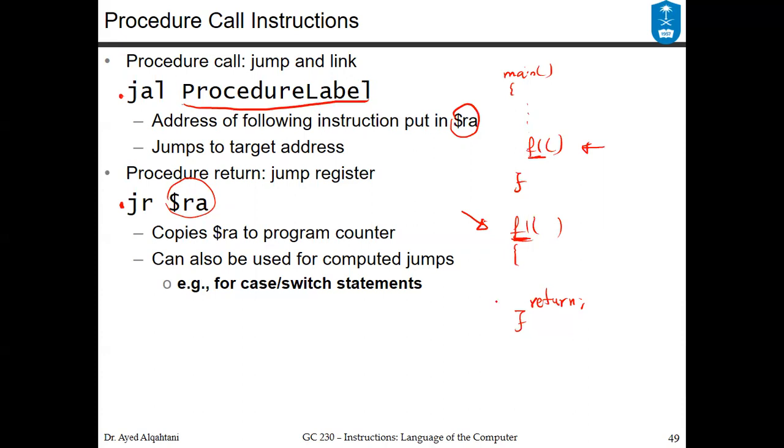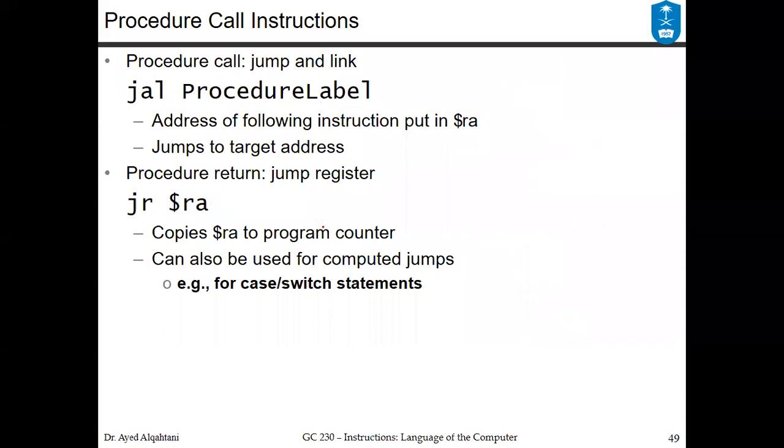So we replace this by jump return, and you give it the RA that you already saved when you called jump and link. It's good to know that jump register could be used also for case switch statements.